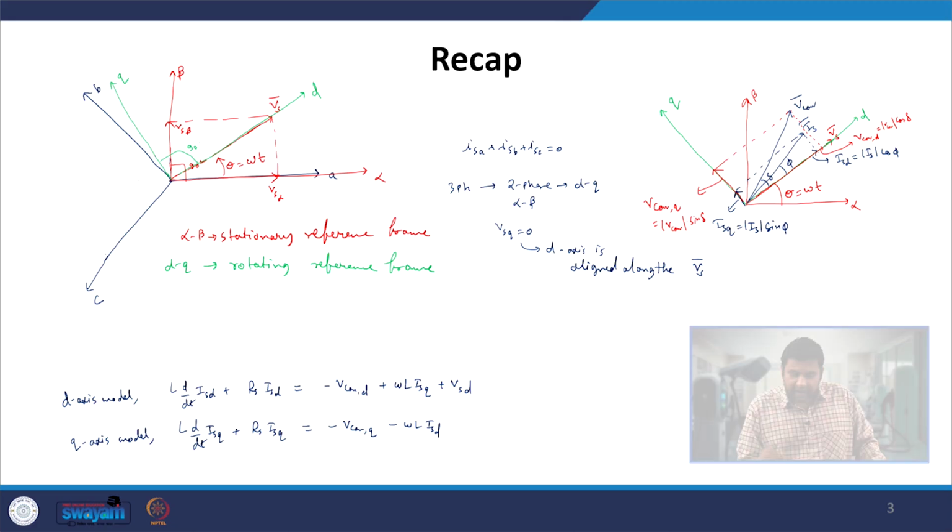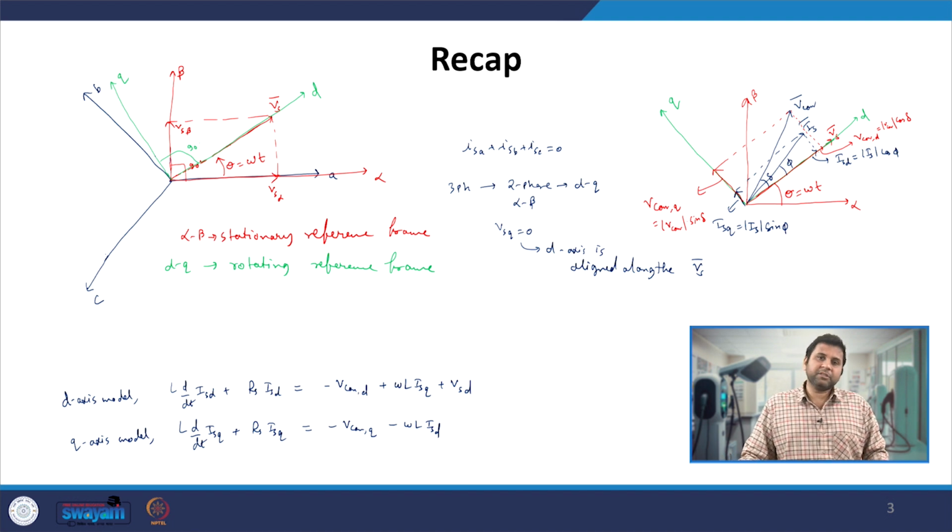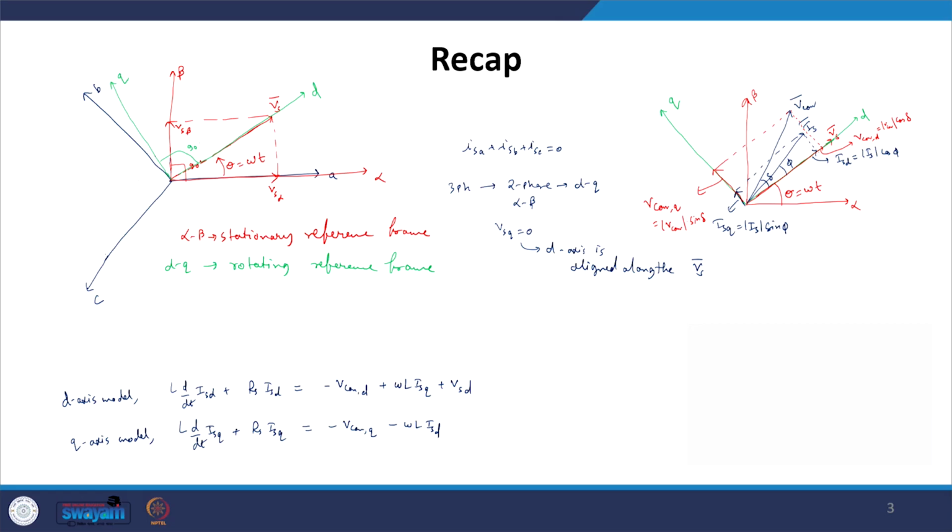Since we have aligned our D axis along the voltage space vector, and this voltage space vector is rotating with a speed equal to omega, which is the speed with which the voltage is varying with respect to time t.